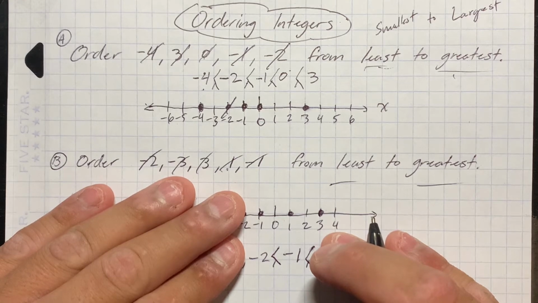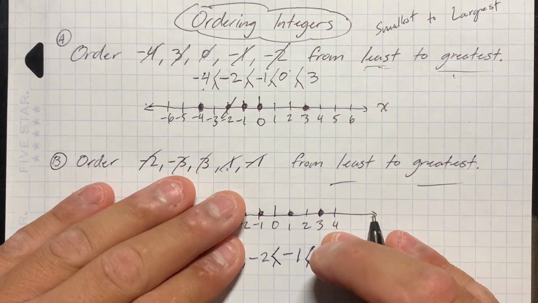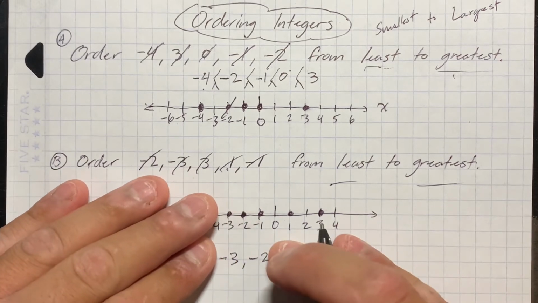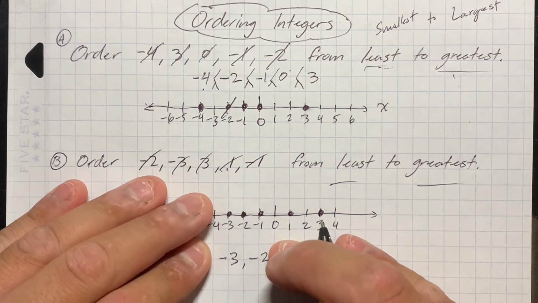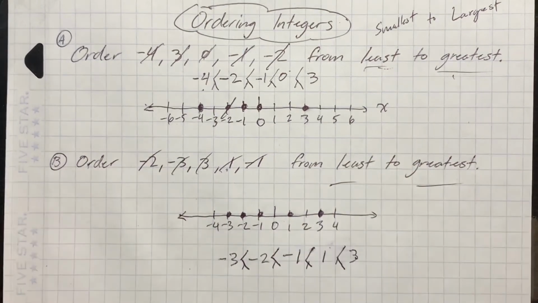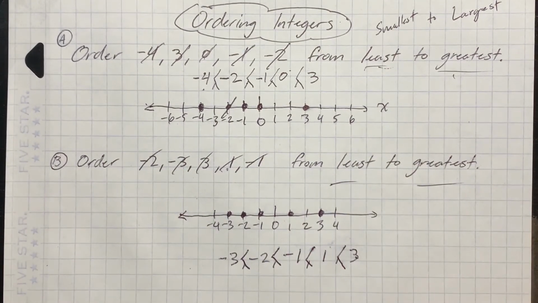Now remember that any integer on a number line that is to the right is always going to be greater than the numbers on the left of it on the number line. Okay. And if we compare -3 and -2, -2 would be greater. So there you go, my friends. We've ordered these integers from least to greatest.